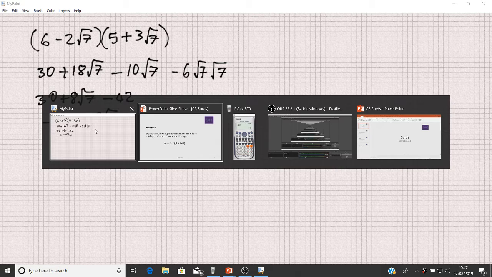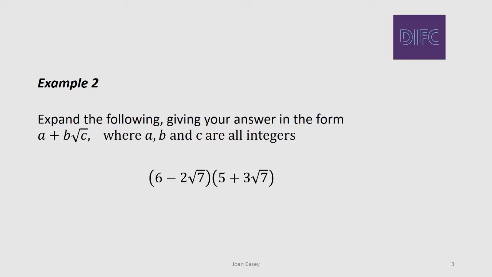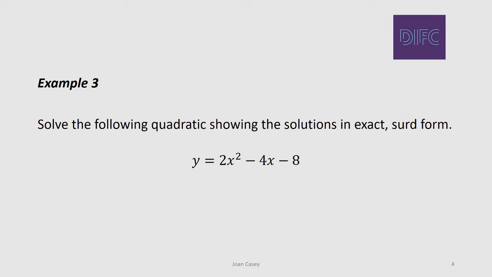The final example here will be example 3. We're going to solve the following quadratic equation, and we need to show our solutions in exact form, that is, surd form. So we'll be using the quadratic formula on the equation y equals 2x squared minus 4x minus 8.